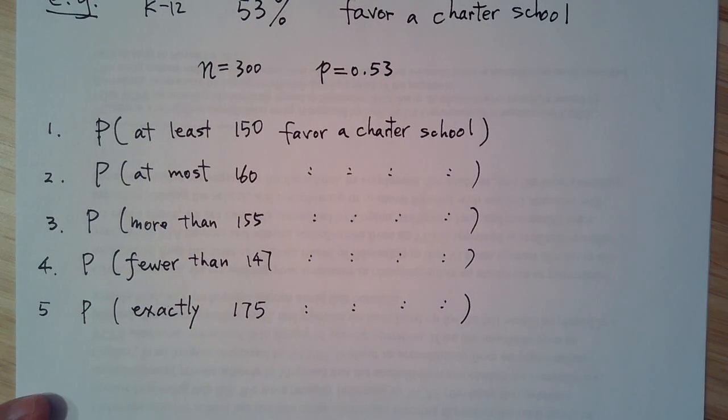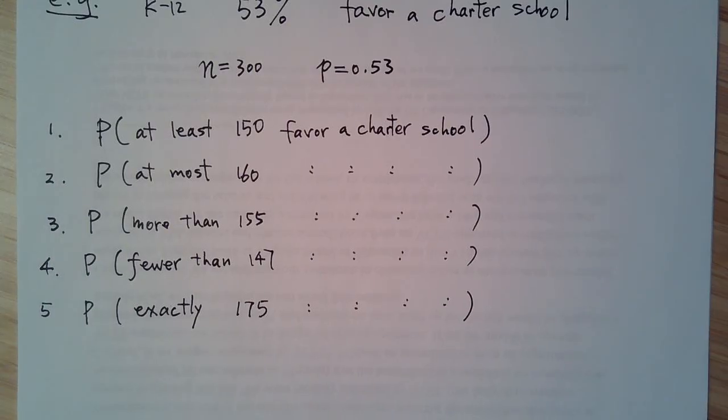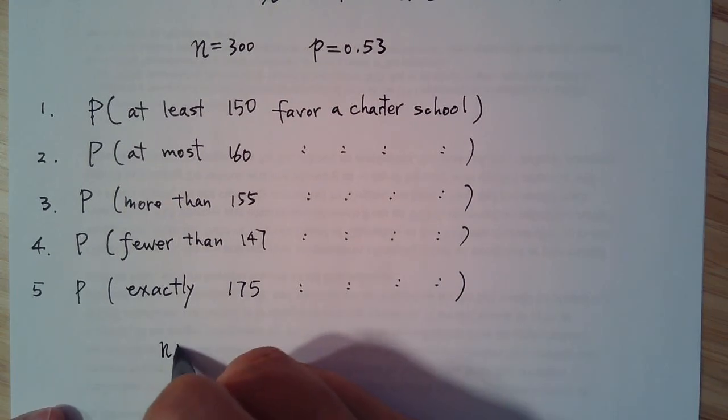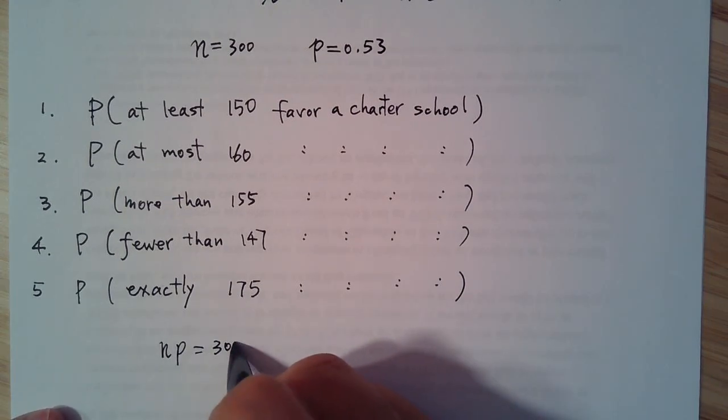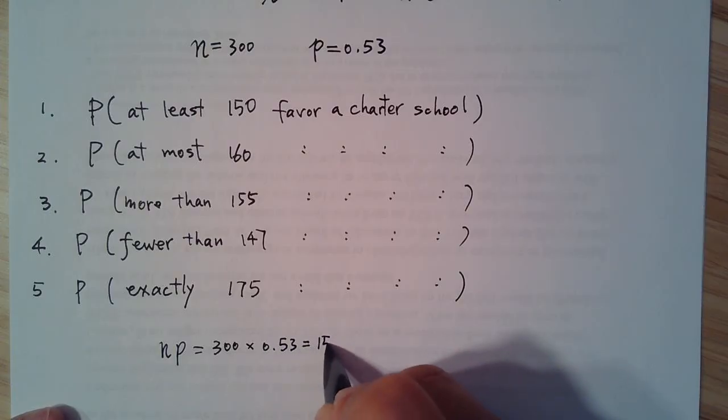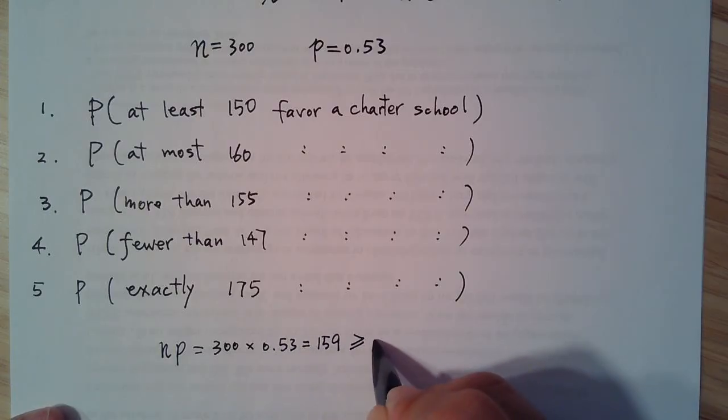All right. We check NP and NQ to see whether we can use normal as the approximation to binomial. So we check NP, which is 300 times 0.53. That is 159. It is much greater than 5.